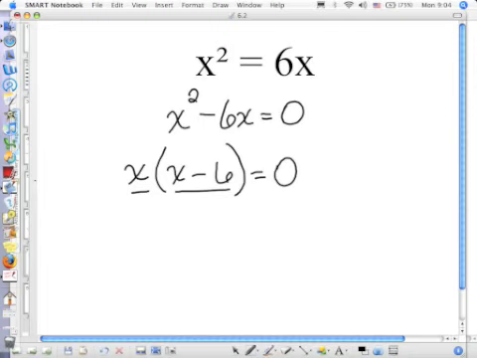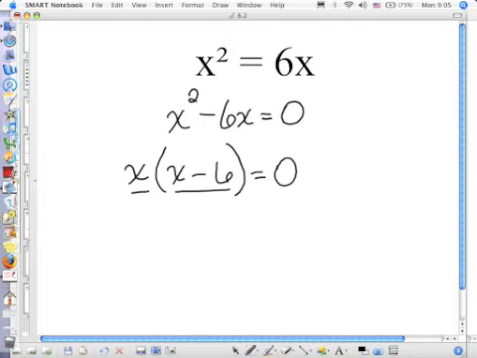Now, the reason we do this is because we're operating off of the zero product property, which says that if you're multiplying a bunch of numbers together and the answer is 0, one of them has to be 0. Since there are two factors multiplied to get 0, one of those factors has to equal 0. So here's step 3.